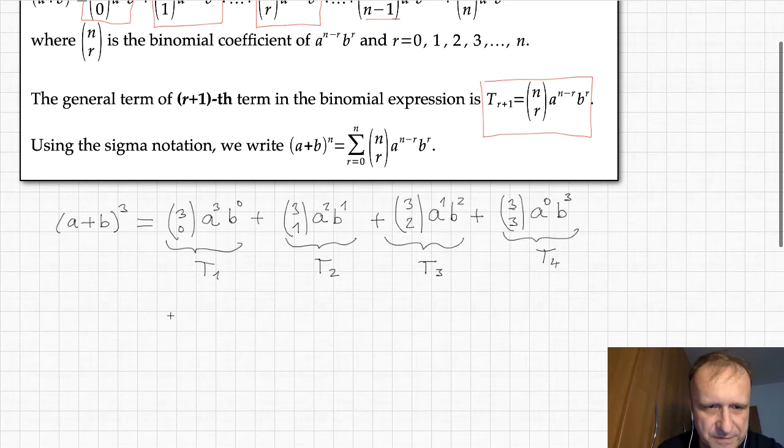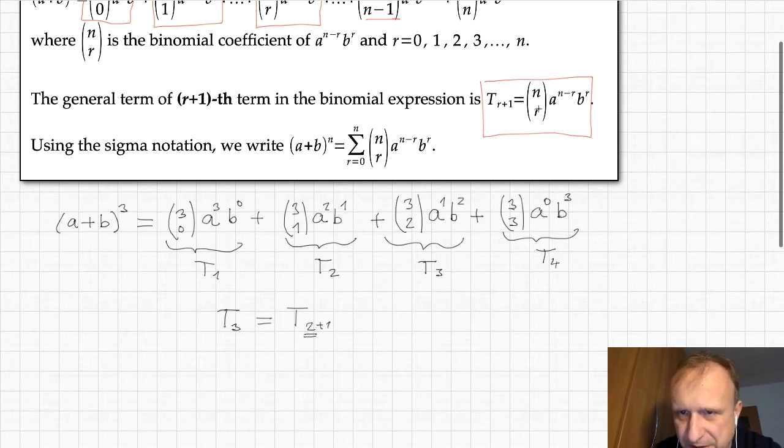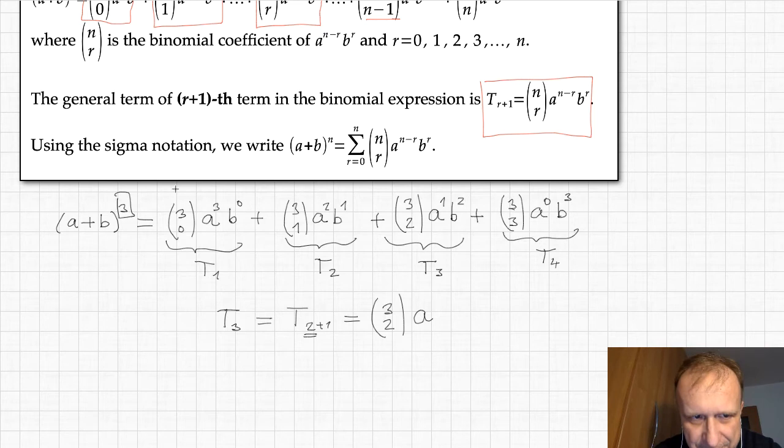If I wanted, for example, the third term expressed using this wonderful formula, the third term is the term which can be written as t2 plus 1, and it tells me that r should be taken as 2, and then according to this it should be 3, because n is 3, 3 choose this r, 2, times a to the power of n minus r, so 3 minus 2, times b to the power of r, which is 2.